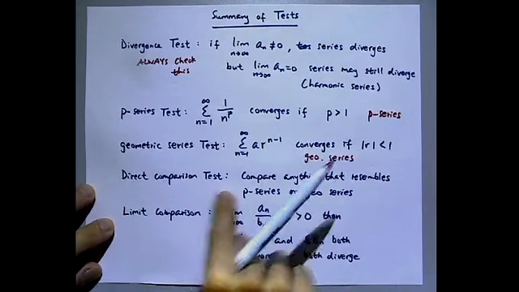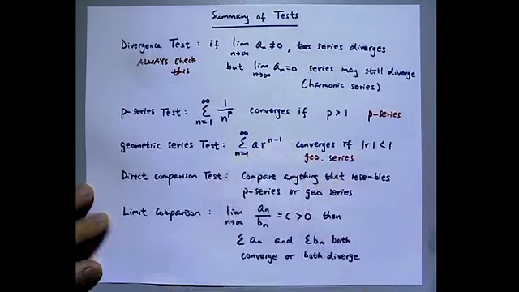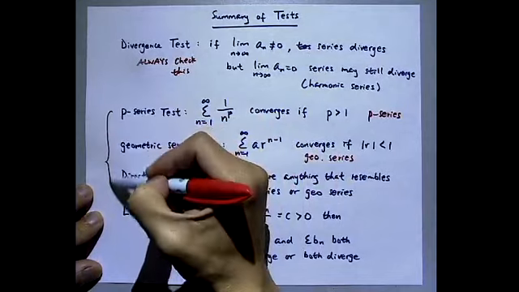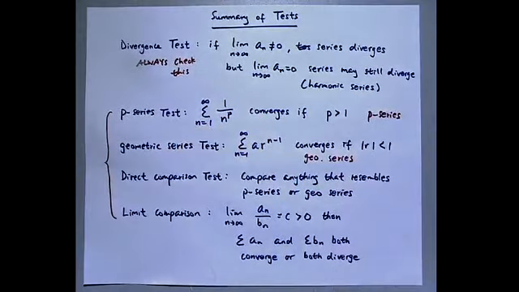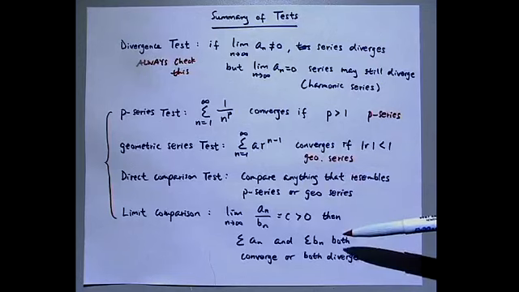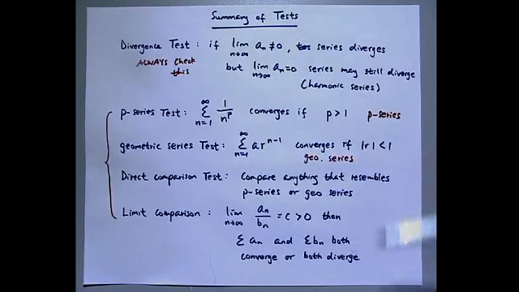Okay, direct comparison and limit comparison, these four can be considered as a group of things that tend to be used together, right? Direct comparison and limit comparison are based on these two. We always compare an unknown series to these things that we know very much about.